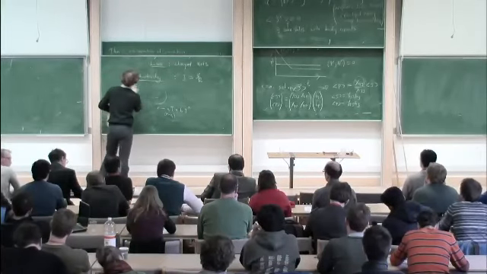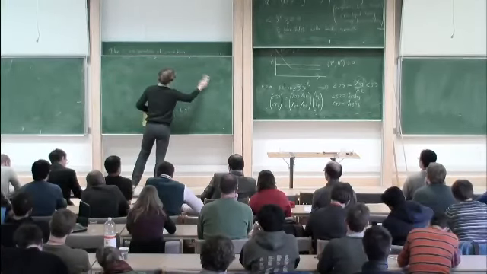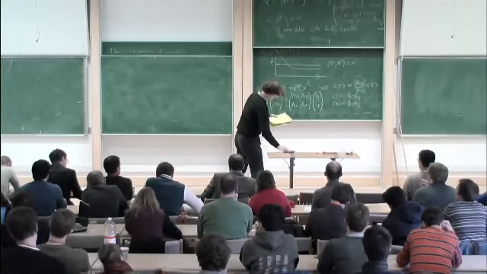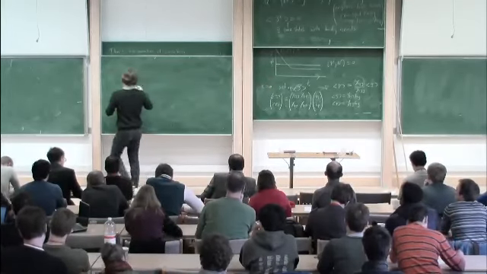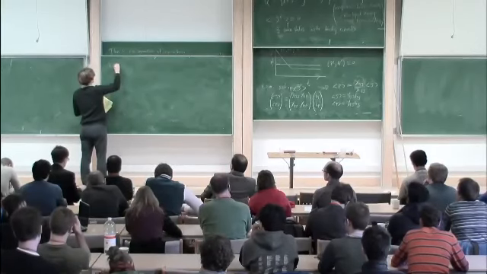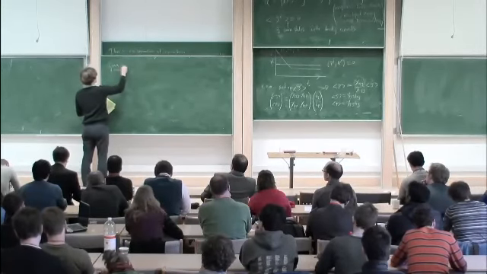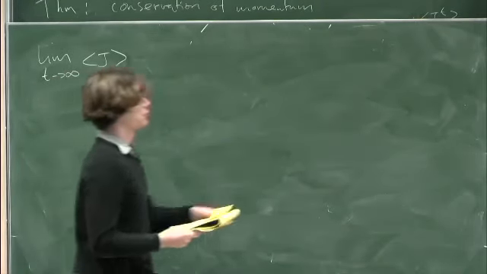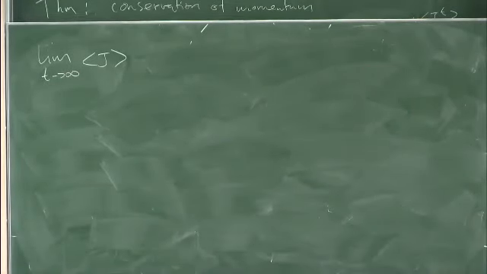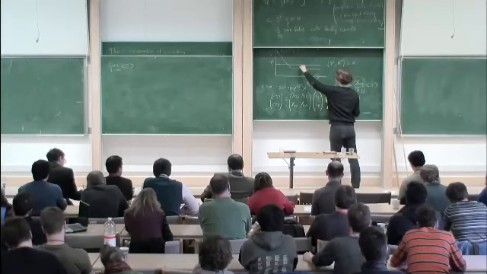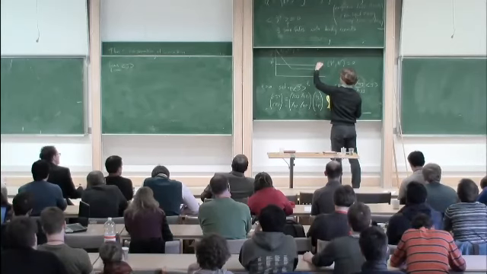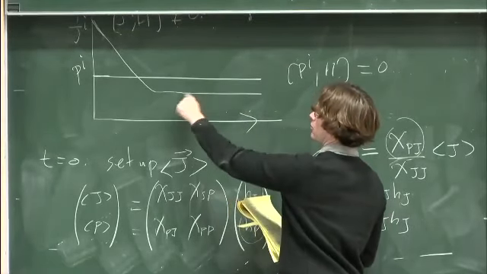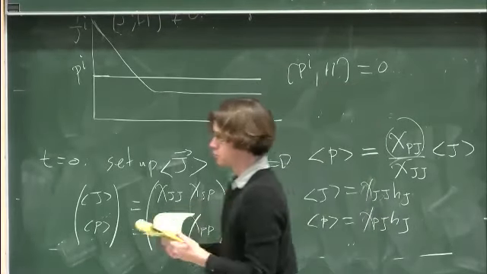Then I ask the same question at late times. I want to know what the current is at late times. What I should think of as happening at late times is that the momentum is fixed, and it's the momentum that determines the current. The only thing protecting the current from decaying is the fact that it's linked to the momentum.